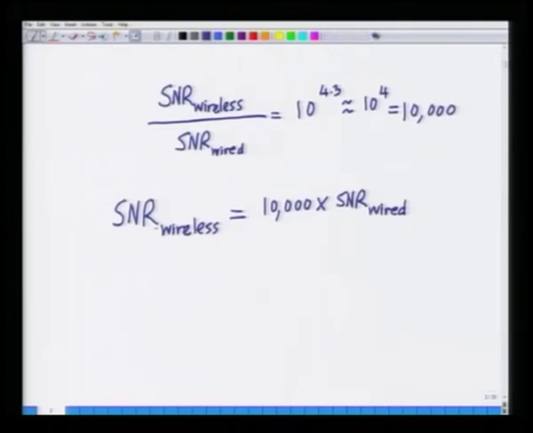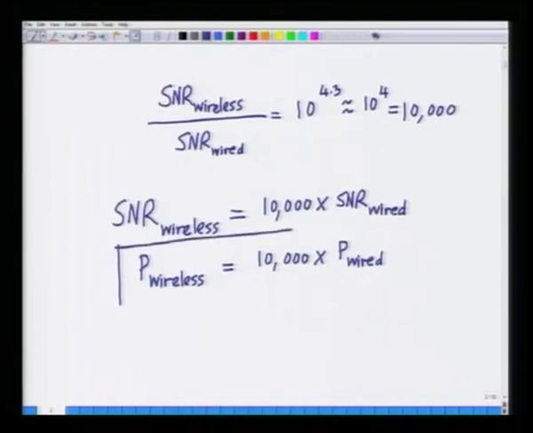Now, the noise power sigma n squared is the same, which means this implies the transmitted power of a wireless system equals 10,000 times the transmitted power that is necessary in a wired communication system.